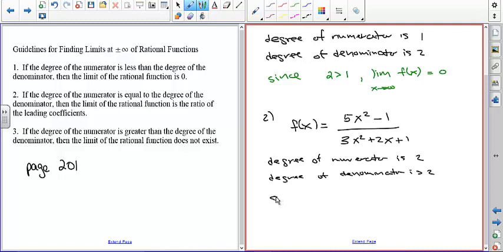So since 2 equals 2, the limit of the function f of x as x approaches infinity is equal to 5 divided by 3, or 5/3.